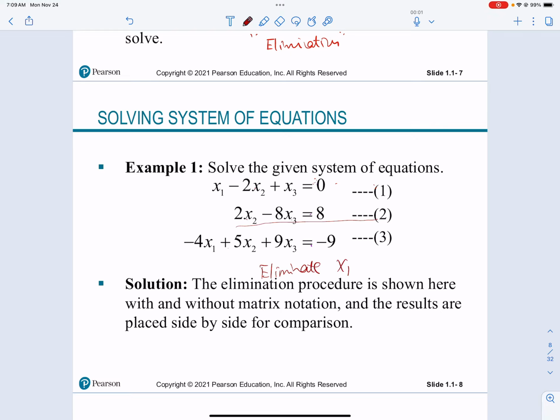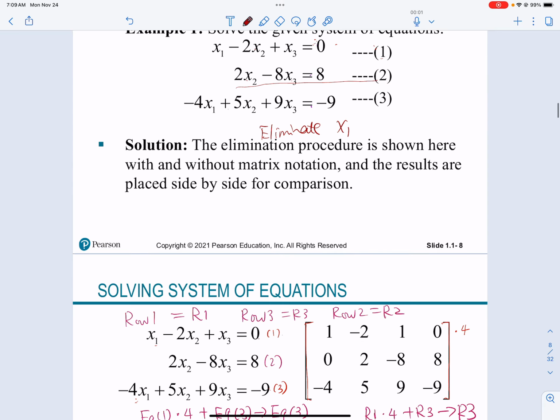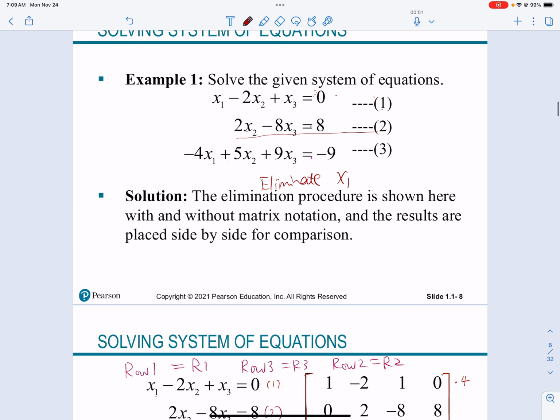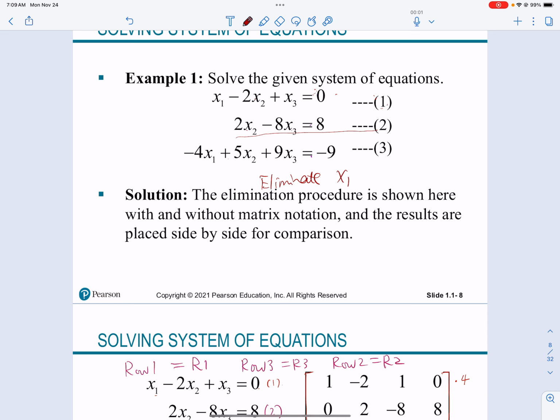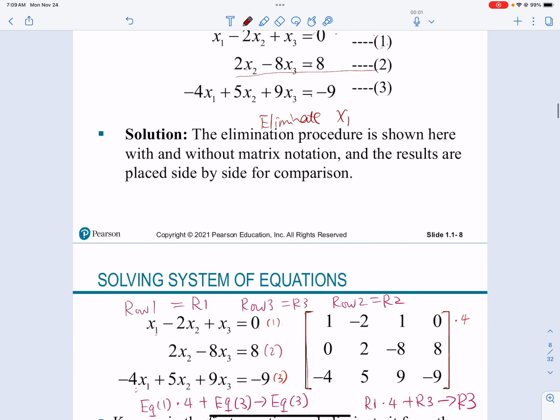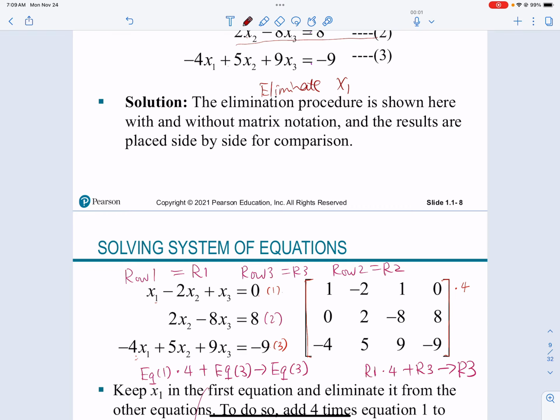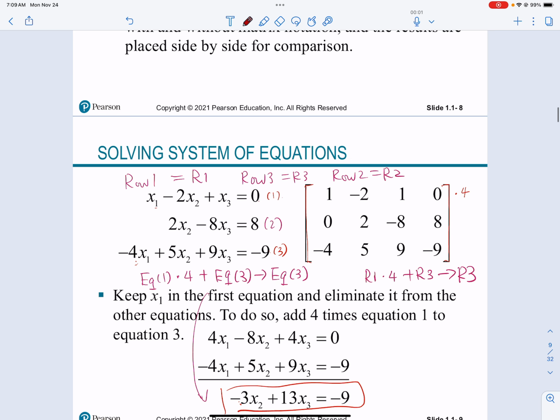How could we eliminate x1? We can use equation 1 times 4 and add equation 3. Are you guys with me? That way all the x1s, when added together, cancel, so equation 1 times 4 plus equation 3 gives you a new equation 3.